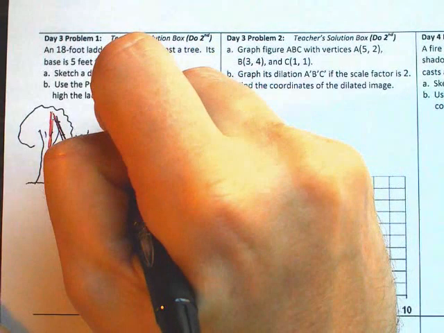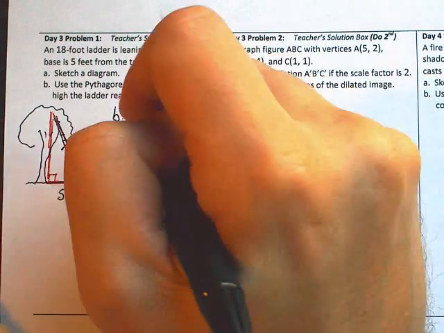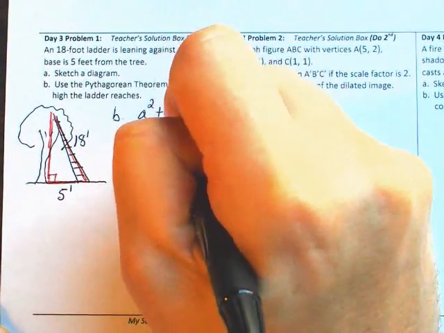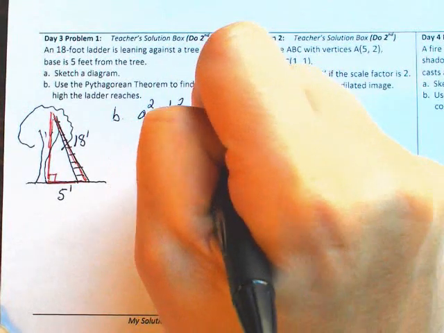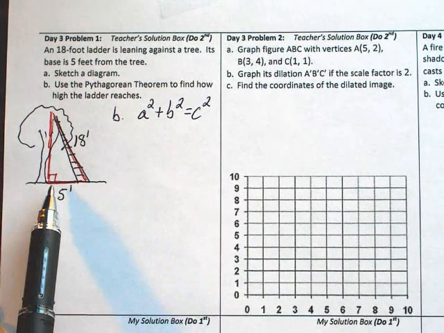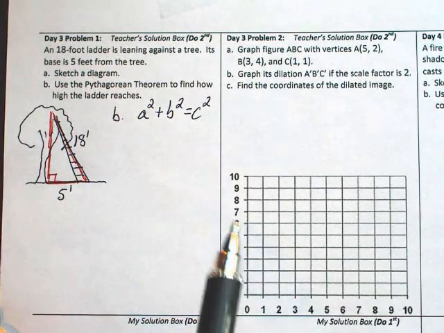Now the Pythagorean theorem is a squared plus b squared equals c squared. So I'm going to start by writing that down. Now the letter A in the Pythagorean theorem is the shortest leg of the right triangle. That appears to be in this drawing, this side here with the 5 feet.